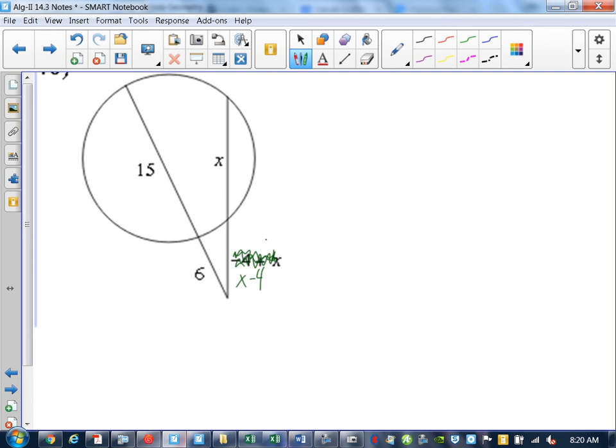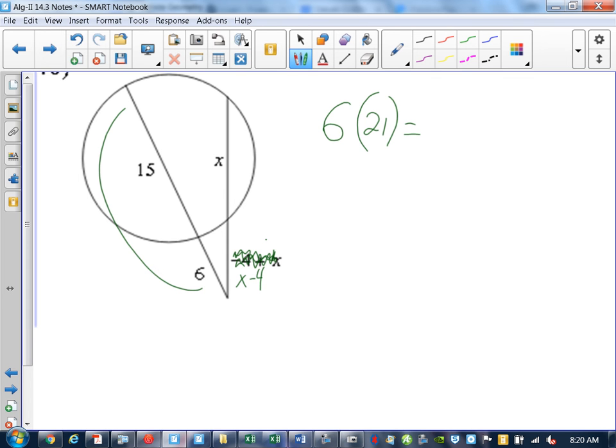So this is your outside whole equals outside whole. When you write this out, just start with one part of it. Your outside is 6. The whole then would be 6 and 15, otherwise known as 21.